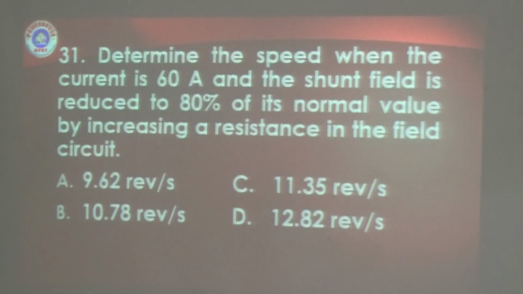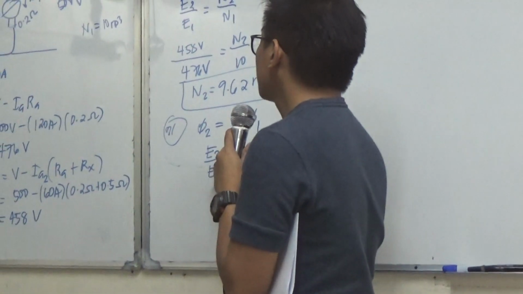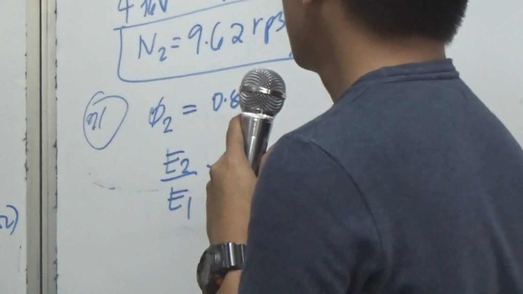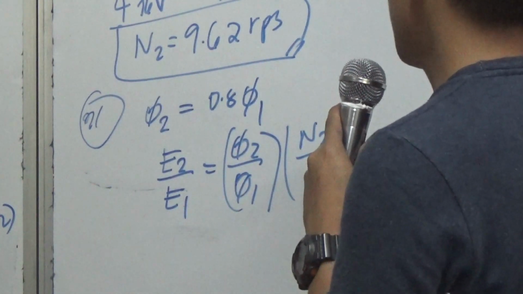For 31, determine the speed when the current is 60 amperes and the shunt field is reduced to 80% of its normal value. So, flux 2 is equals to reduced to 80%. So, 80% na flux 1. Gamitin natin, no? So, E2 over E1 is equals to flux 2 over flux 1, then multiplied by N2 over N1.